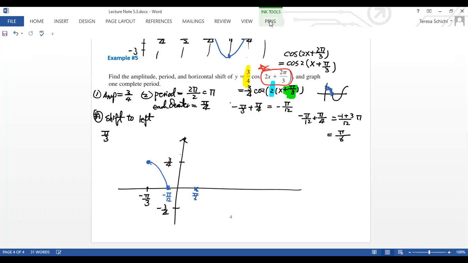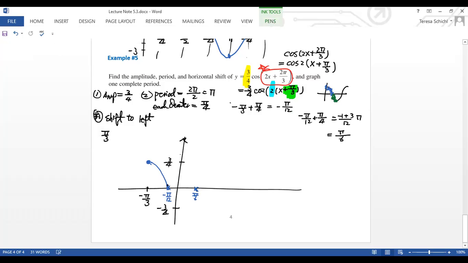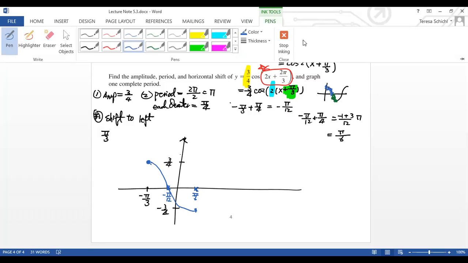So what I'm going to do is this part, right? So it's the next quarter. That means my graph is going to continue going down, and stop at the pi over 6. Okay, so now I'm going up, right?